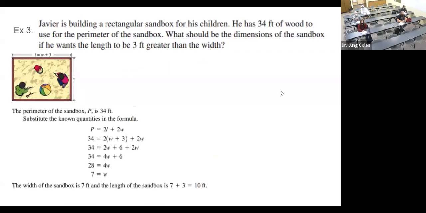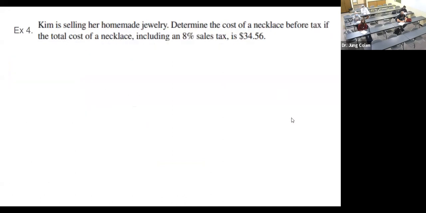Okay. How about this one? A female selling her homemade jewelry, determine the cost of a necklace before tax, if the total cost of a necklace, including an 8% sales tax, is $34.56. So you need to put a variable x as the cost of the necklace before tax, right?